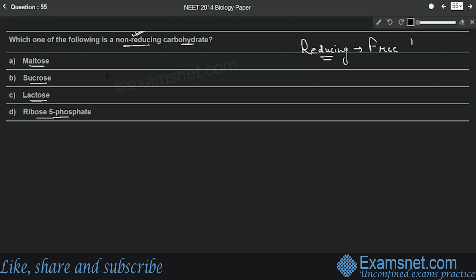That means free functional group is available, whereas in case of non-reducing carbohydrate, free functional group is not available. Now in the given options, maltose, lactose and ribose 5-phosphate are examples of reducing sugars, whereas sucrose is an example of non-reducing sugar or the non-reducing carbohydrate. So option B will be the correct answer.